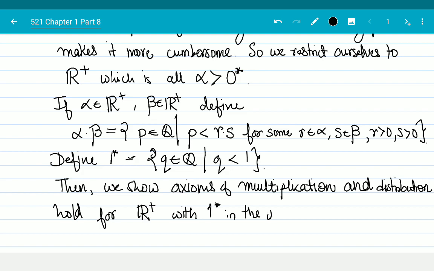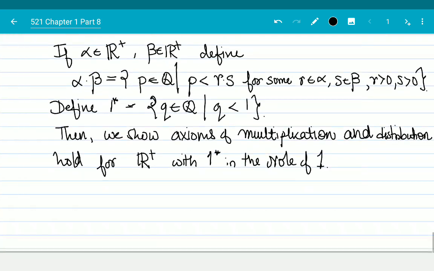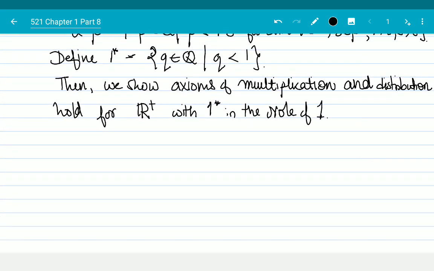The proofs are going to be exactly similar to the proofs in step 4, so we are again going to omit them. Keep in mind alpha greater than 0, beta greater than 0 implies alpha beta greater than 0.